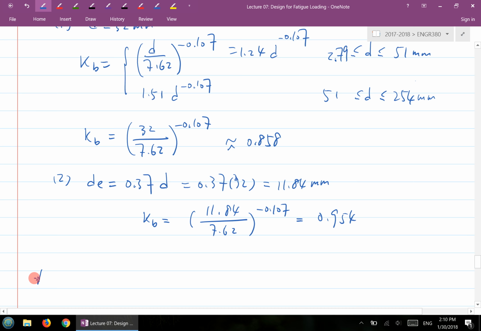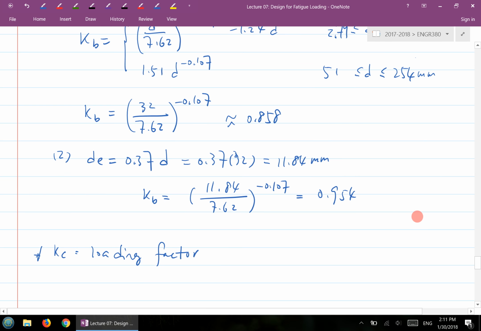Okay, so let's look at the next factor called loading factor. Loading factor basically, any one of the factor, the purpose is to modify to a different scenario from the lab conditions.